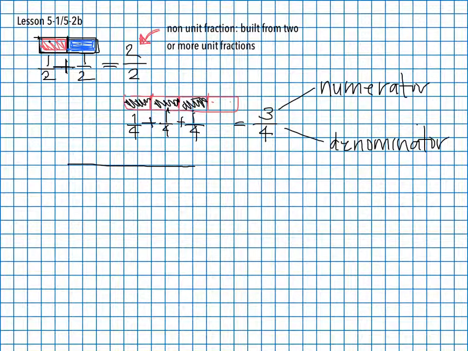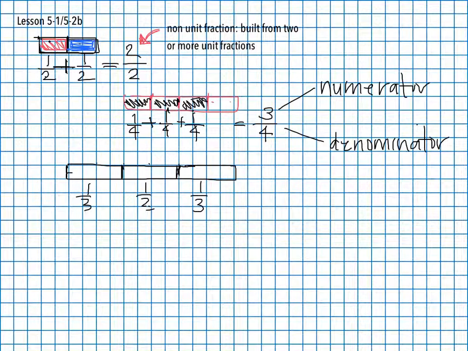Let's see. I think that's 12. So I'm going to go 4 and 4. Now, each one of these spots individually is 1/3, 1/3, 1/3.